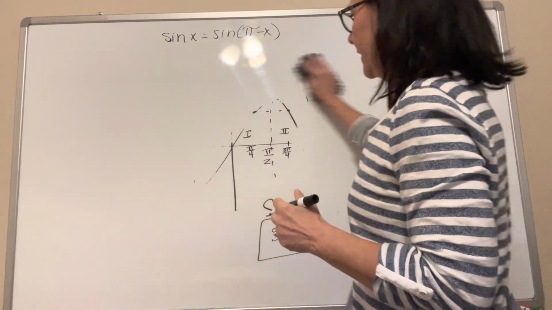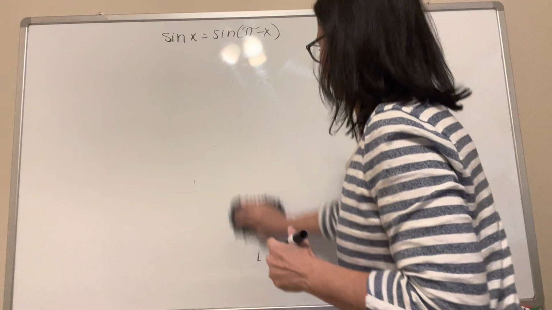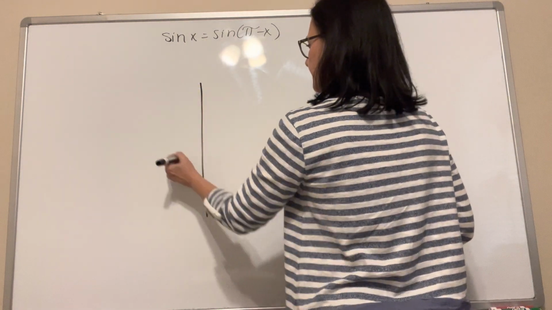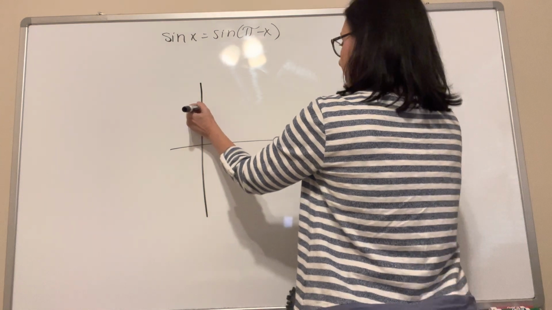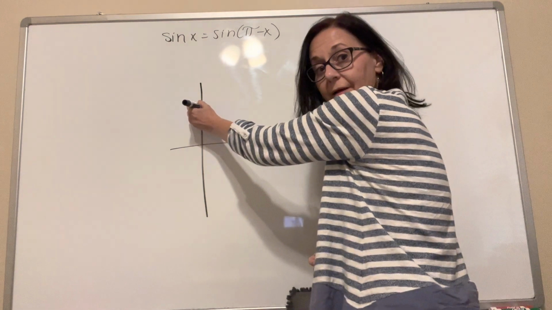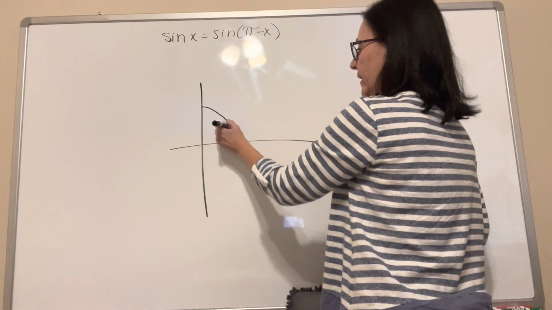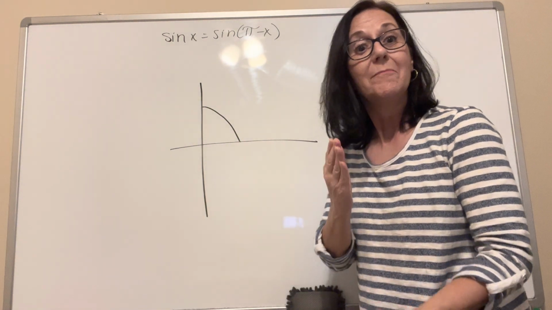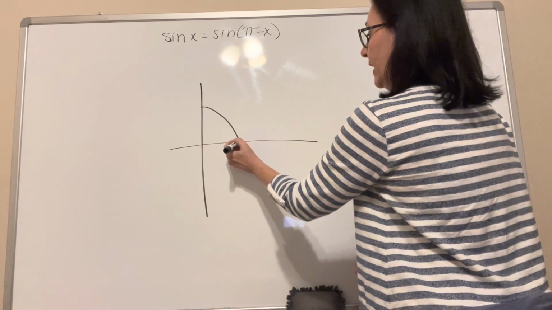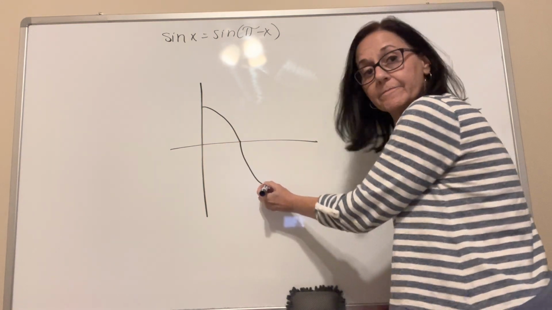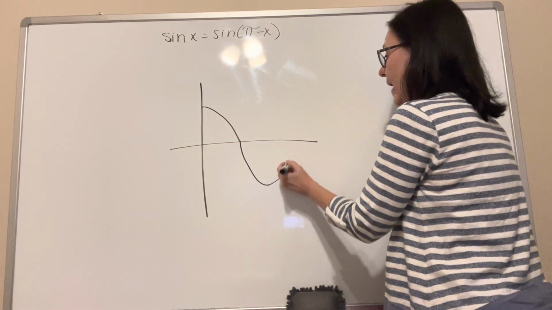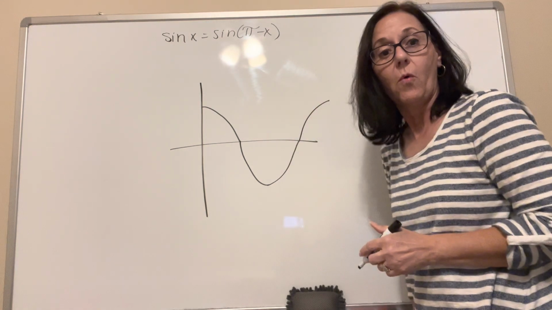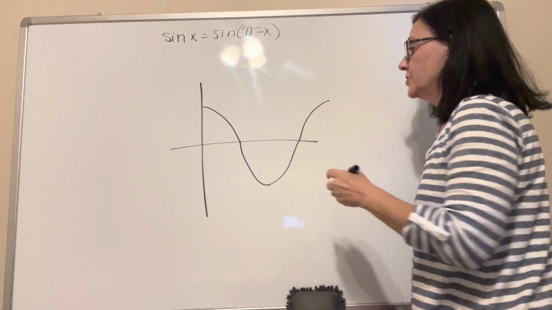Let's think of the cosine curve. All right, the cosine curve starts at 1 at 0 radians, right? It's 0 when we hit pi over 2. It goes down to -1 at pi, goes back up to 0 at 3 pi over 2, and up to 1 at 2 pi.